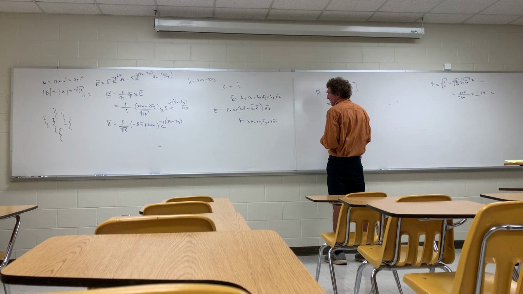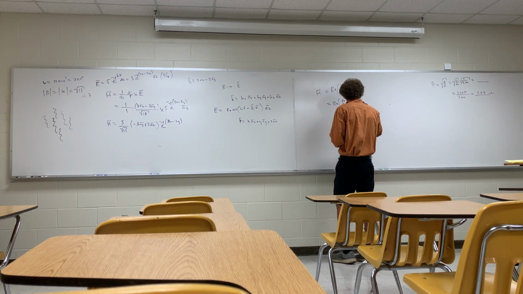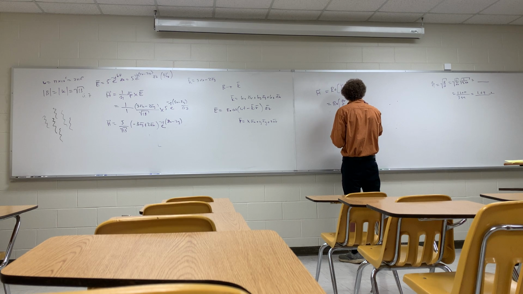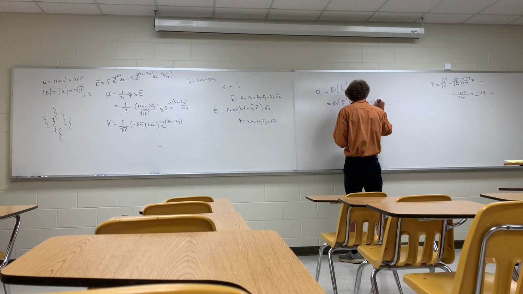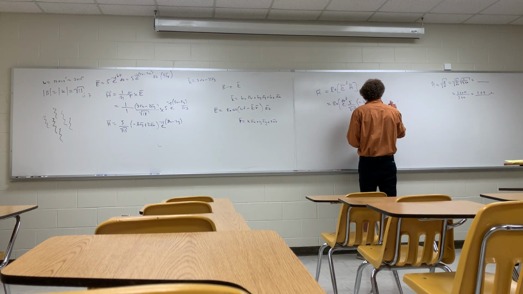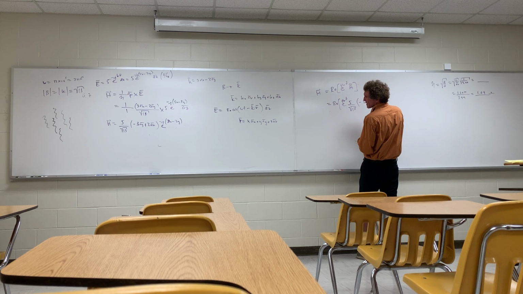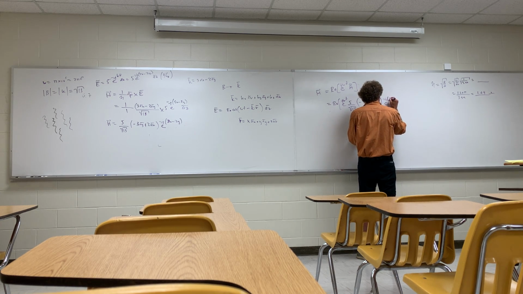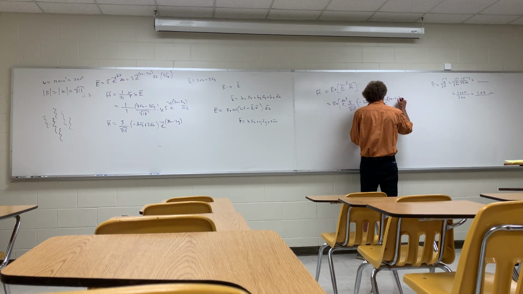So what it's going to come out to, I'll put it all in one term. So it's going to be 5 over square root of 13, and then I have minus 3ay plus 2ax times e to the minus j, and this is going to be 3x minus 2y.